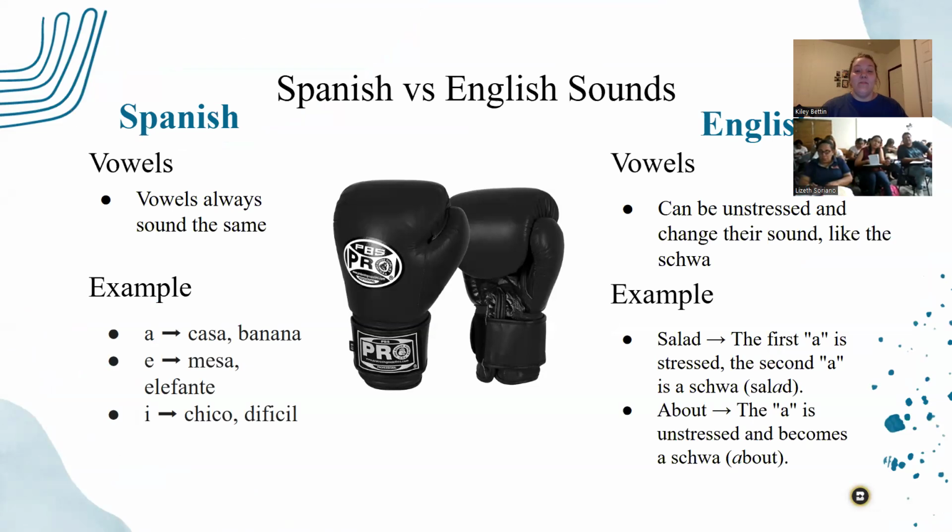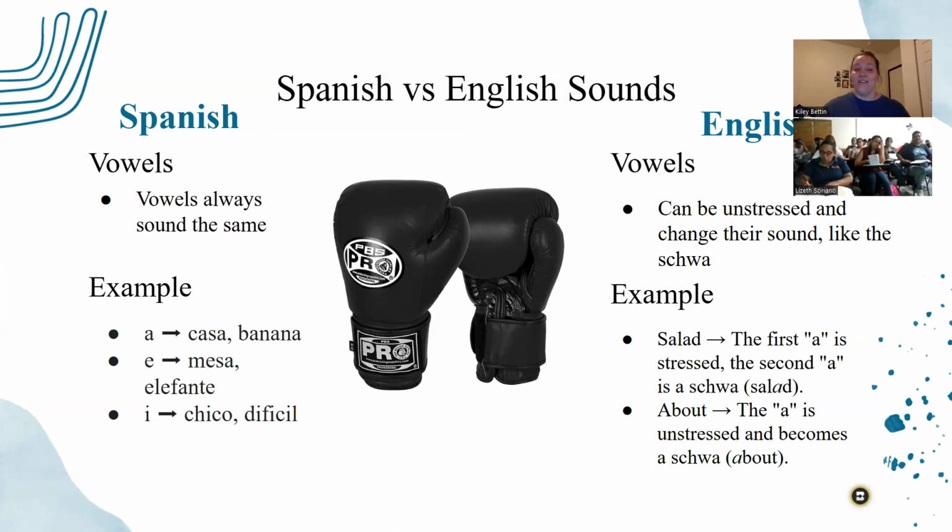So before we dive deep into new stuff, I like to first compare Spanish versus English when it comes to the vowel sound. So when it comes to Spanish, the vowels are always going to sound the same. I have a few examples that I'm going to say for you guys.